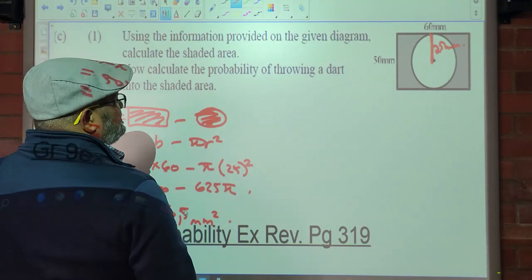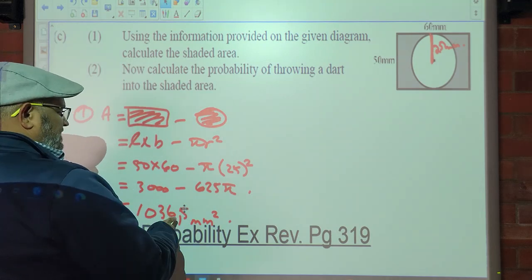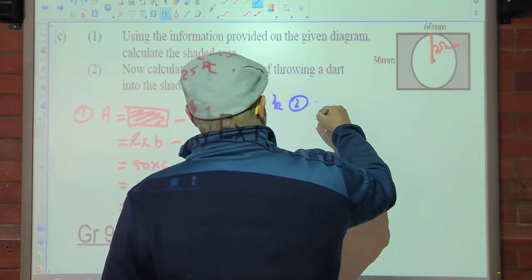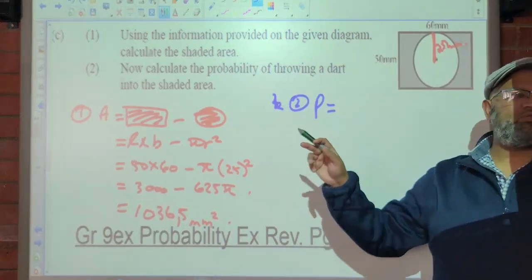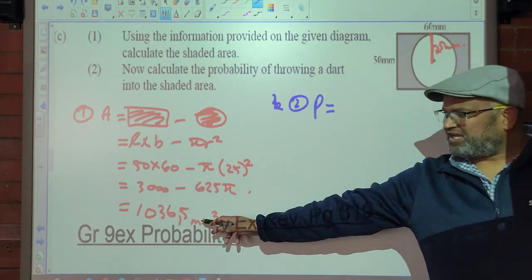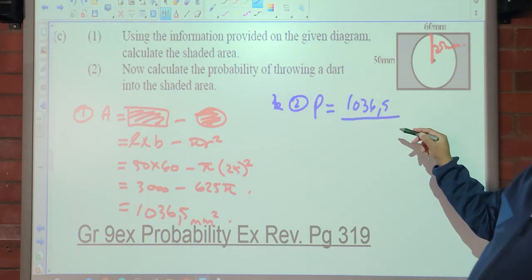Now calculate the probability of throwing a dart in a shaded area. The probability is going to be the number of favorable outcomes over the number of possible outcomes. So favorable is what is shaded, so it's 1036,5 over.